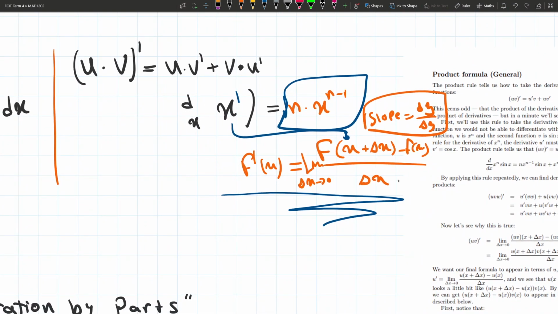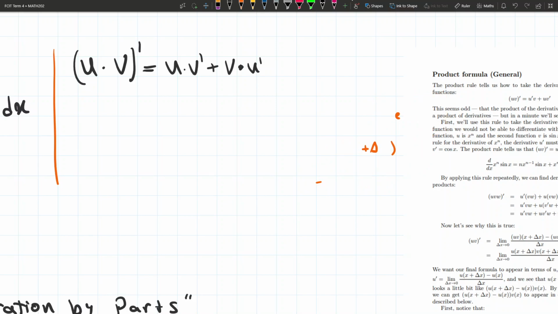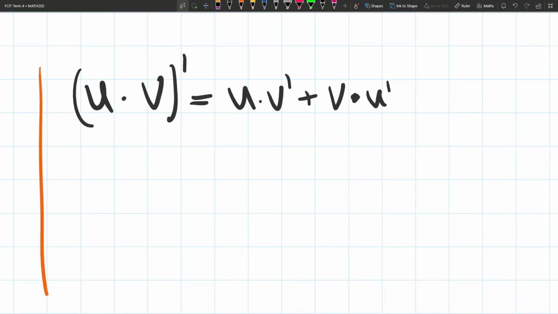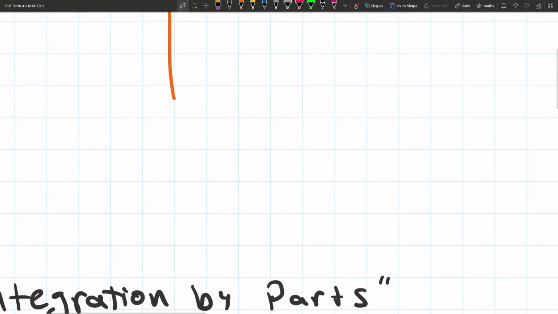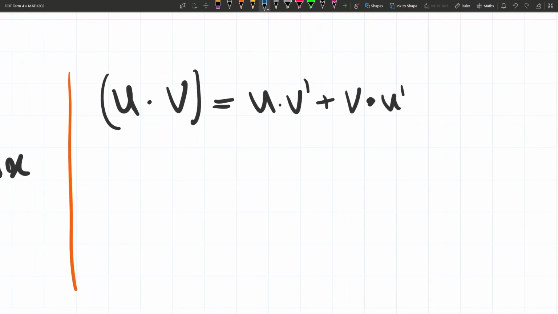Now, with this formula, you could bring it into another form, which is what we're going to use for integration by parts. To make it clear how this formula came to be, we need to use another notation. This is called Leibniz notation. So instead of saying this for differentiation, we say d over dx.